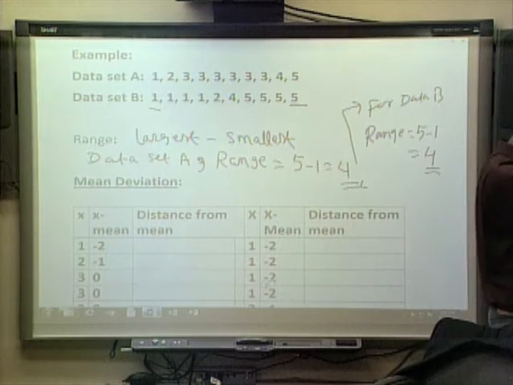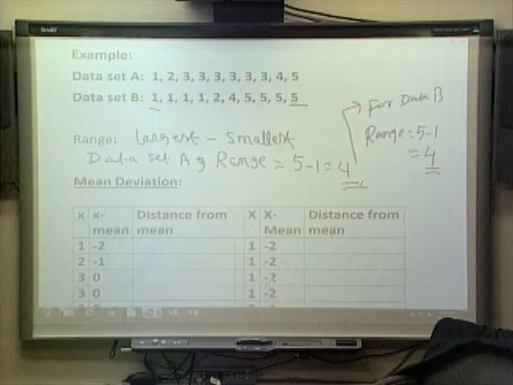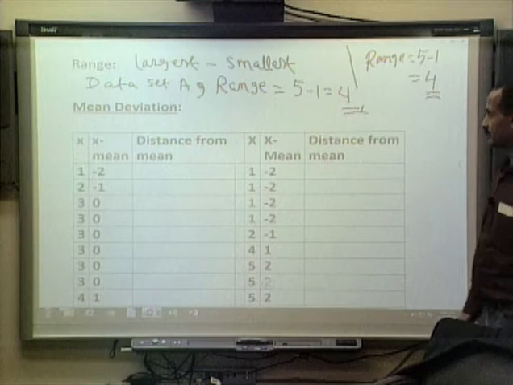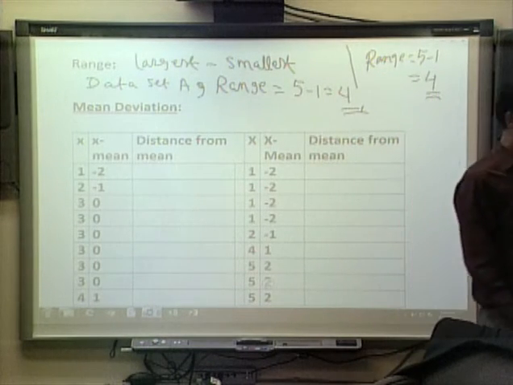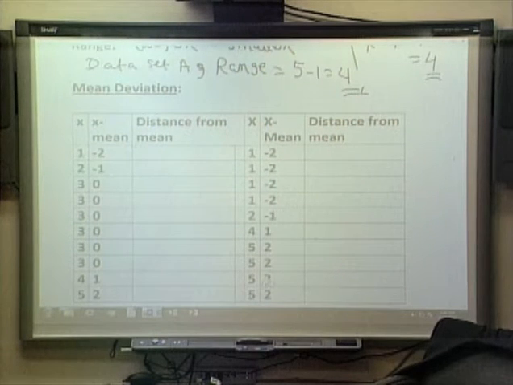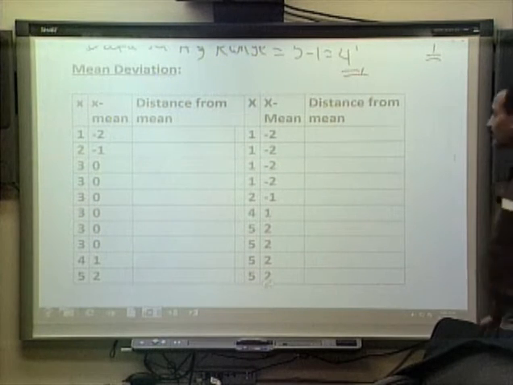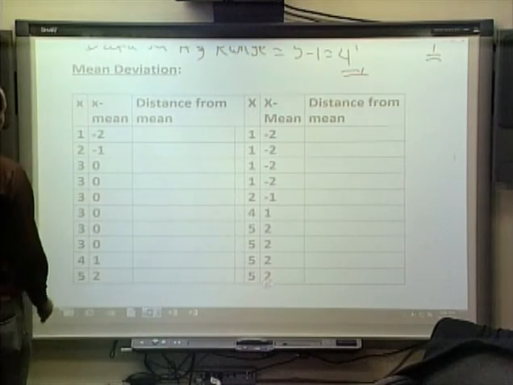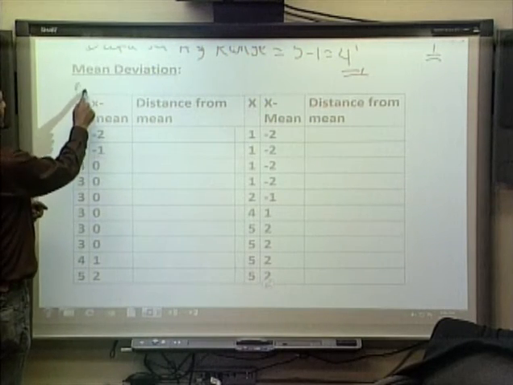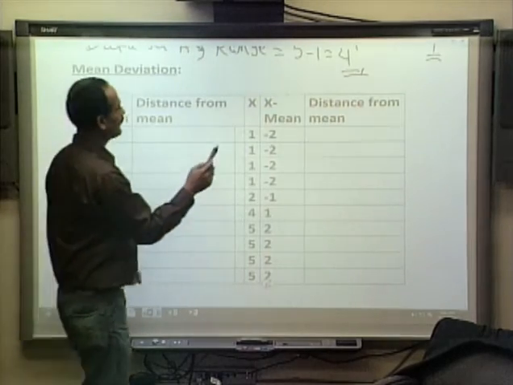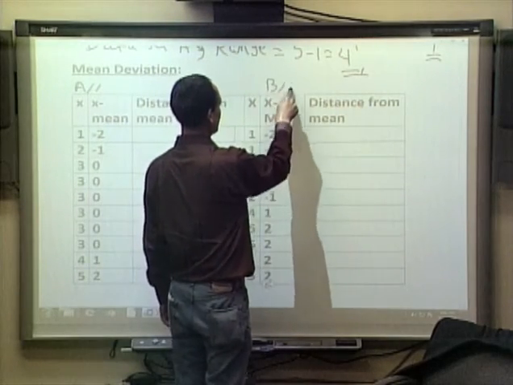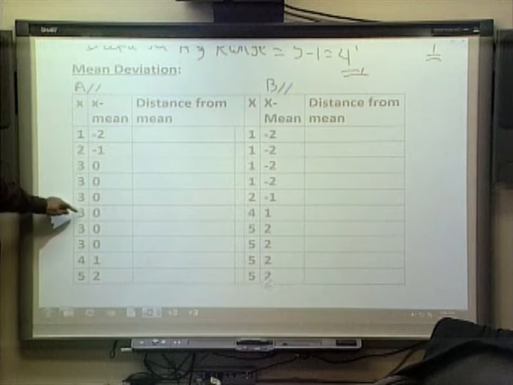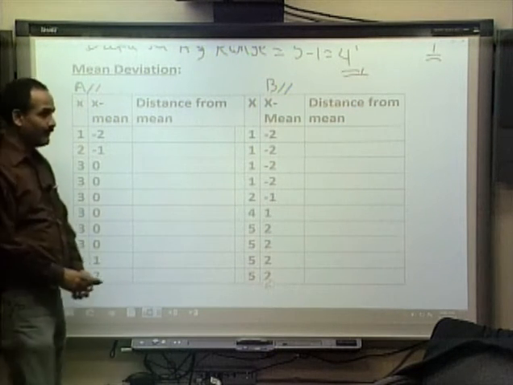Another number that can be used to capture the variation of the data is called the mean deviation. In order to calculate the mean deviation, first of all we calculate the mean of the data. Let us say this is for data set A and this is for data set B. Data set A is 1, 2, 3, 3, 3, 3, 3, 3, 4, 5.